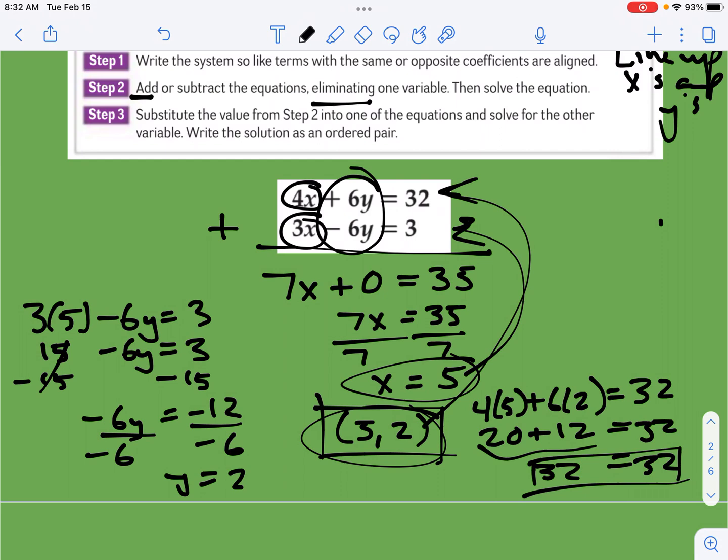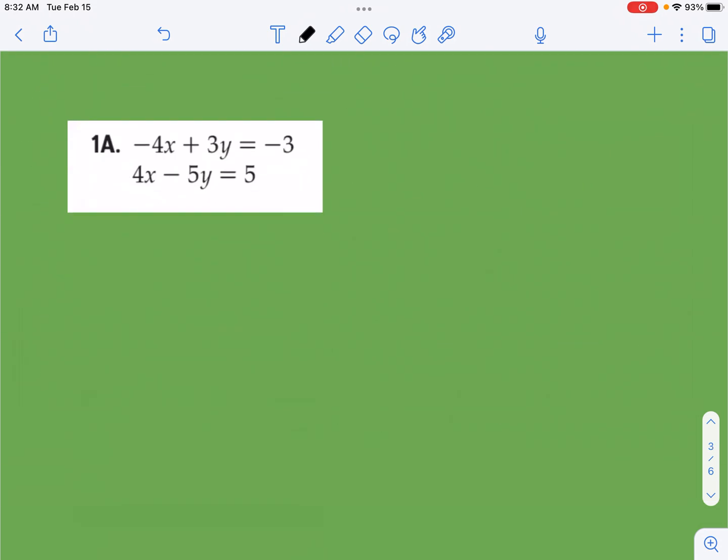All right, so let's look at another example here. This next one, we've got negative 4x plus 3y equals negative 3. What we want to do is recognize which of my variables are going to cancel. So let's rewrite it just so it's a little nicer. I know it doesn't have to be exactly aligned, but I like it when it is.